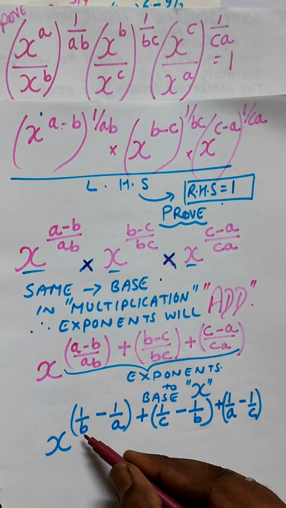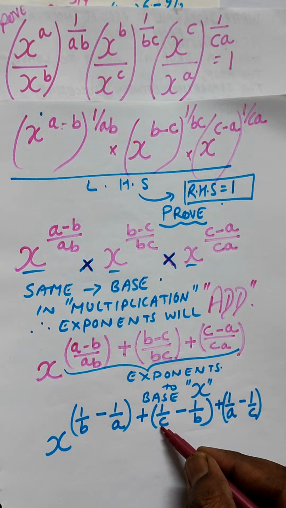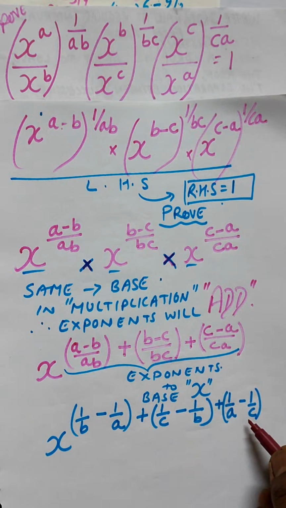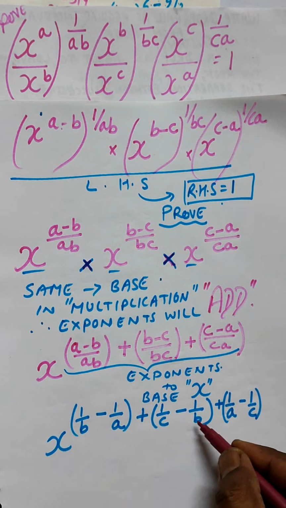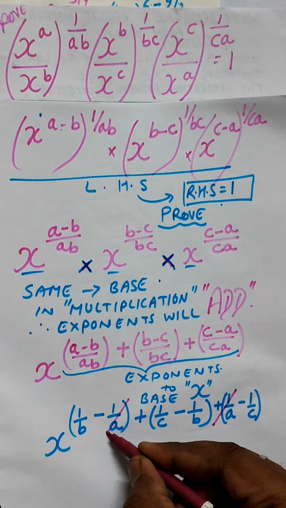1 by b with a plus sign and 1 by b with a minus sign, this will be cancelled out, and 1 by c with a plus sign and 1 by c with minus sign, this will also be cancelled out, right. So this 1 by a with positive sign will cancel out minus 1 by a.